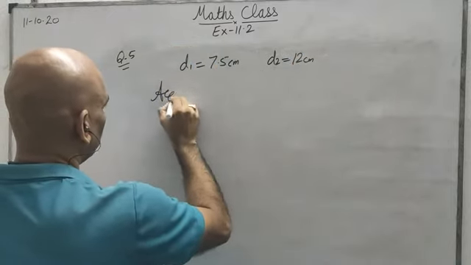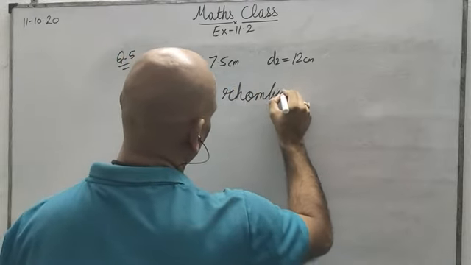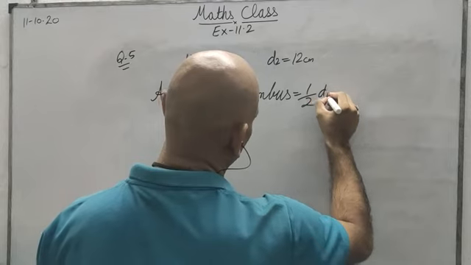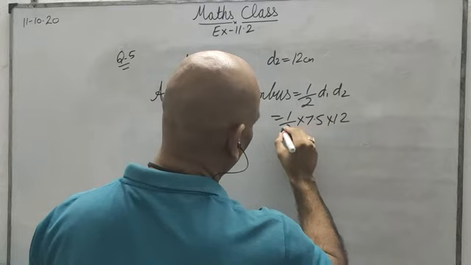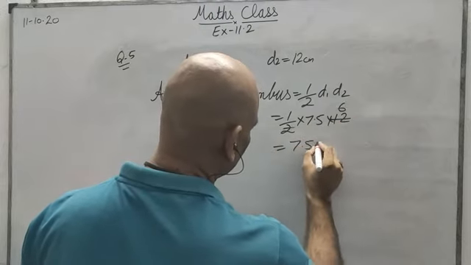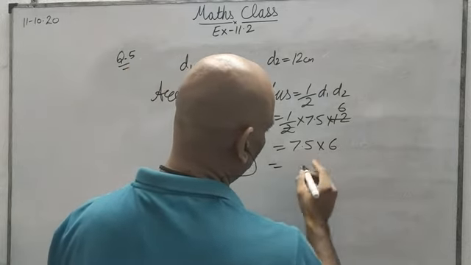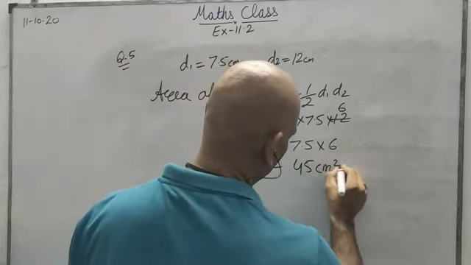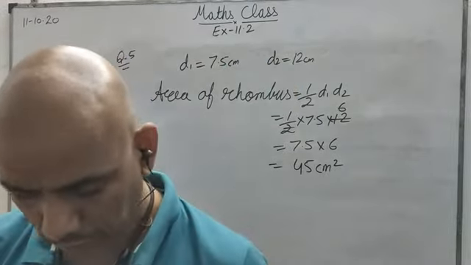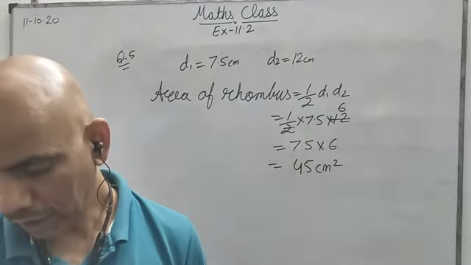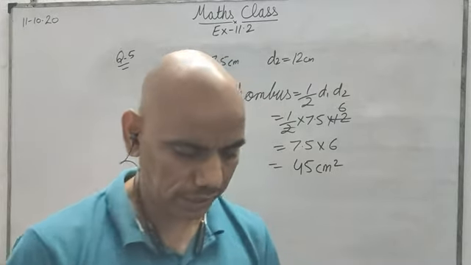So, area of rhombus is half D1 into D2, half of 7.5 into 12, that is 6. 7.5 into 6 is 45 centimeter square. Solve this many questions in your notebook and send your work to me by today evening, and thereafter tomorrow we will solve the rest of the 5 questions of this exercise. Till then, take care.